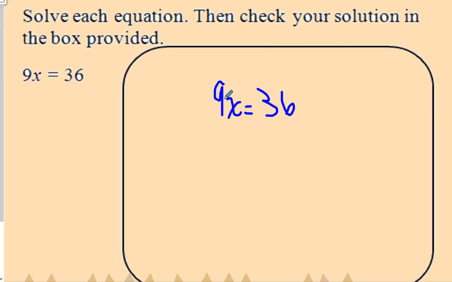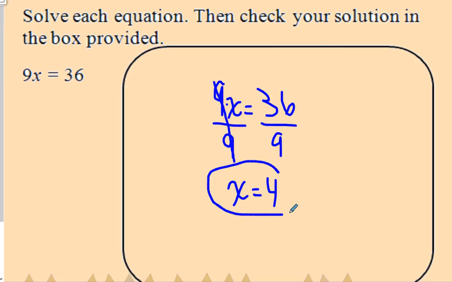In this case, it is multiplying, so I have to do my inverse operation. I'm going to divide both sides by 9, because according to the division property of equality, whenever I divide one side of the equation by 9, I have to do it to the other side. So x equals 36 divided by 9, which is 4. So x equals 4. Easy enough.